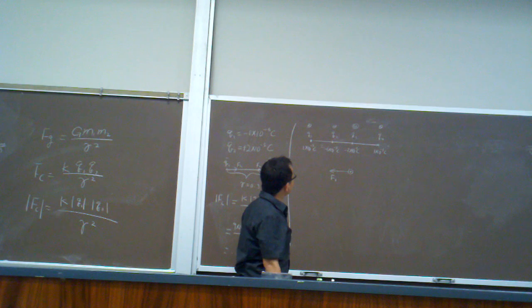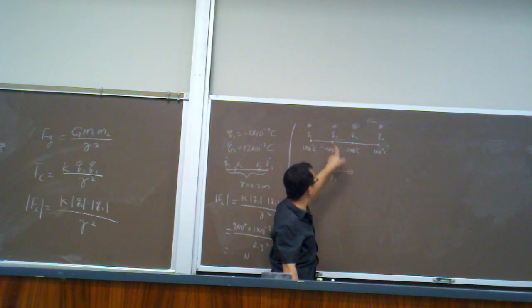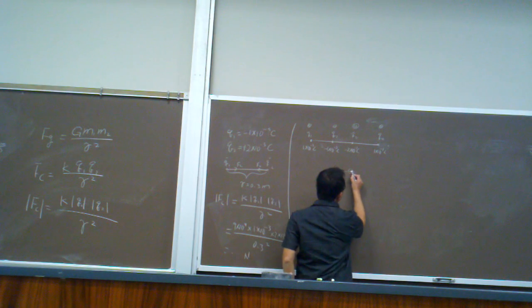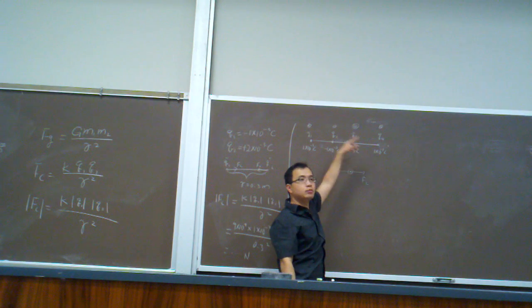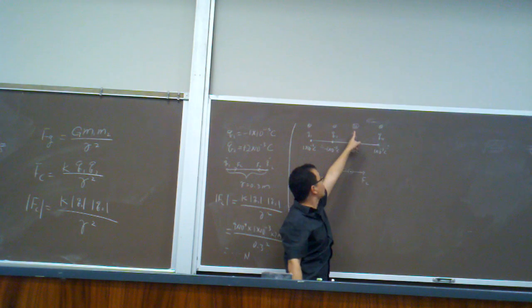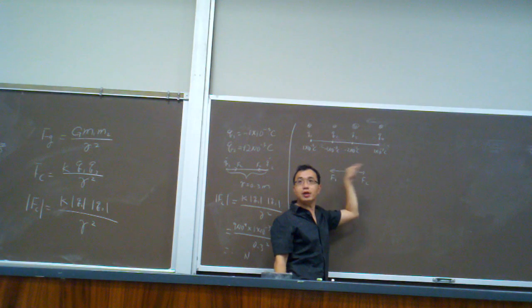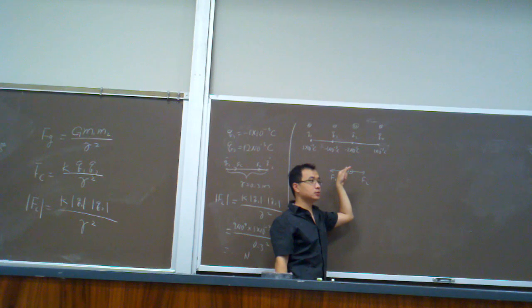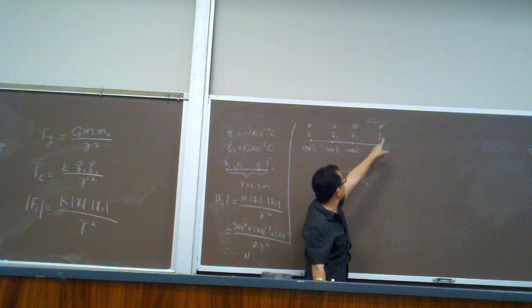Now, how about the force acted on charge 3 from charge 2? To the right. Negative, negative, repulsion. Repulsion acted on Q3 is to the right. Any question here? And then, how about the force from charge 4?